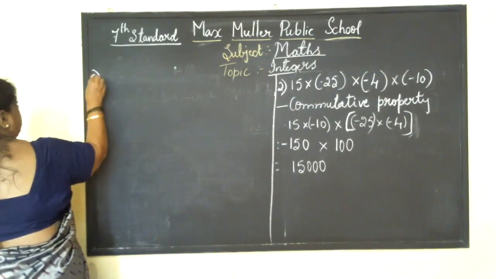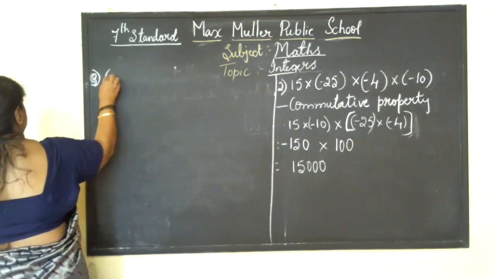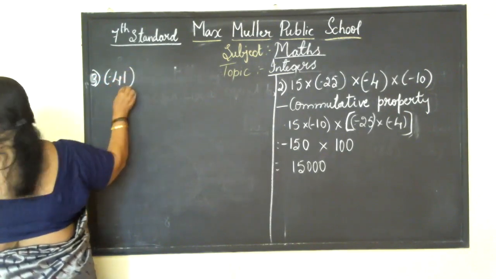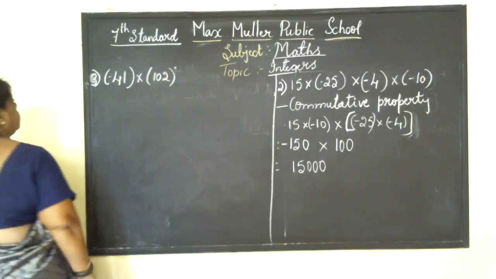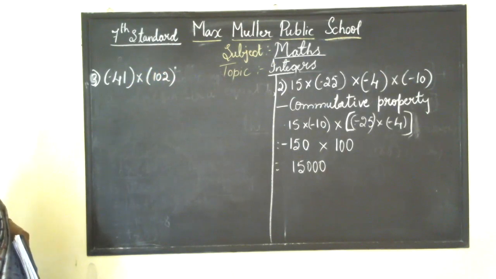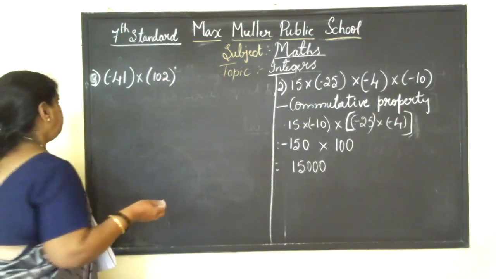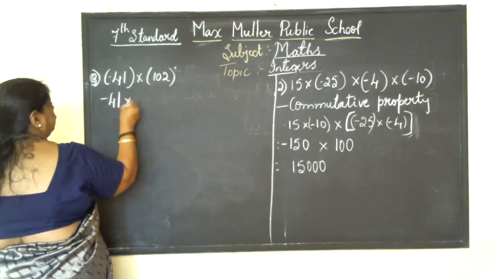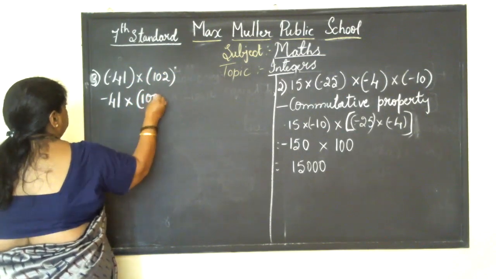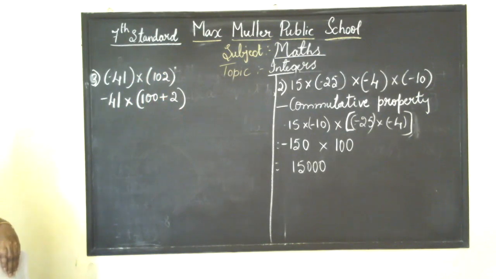Then C. Sorry, third one. I'll write third one. Okay, no problem. Minus 41 into 102. So what we will do, we will expand it and make it as distributive property. Minus 41 into 100 plus 2.